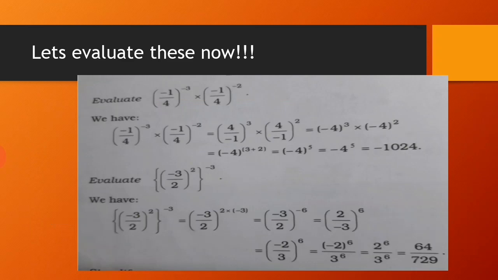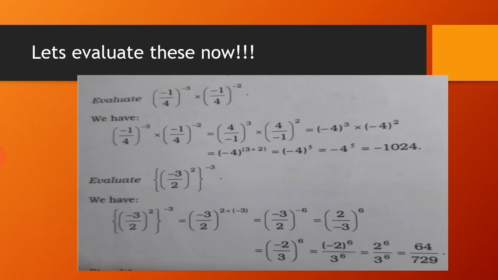Now -4 is common. -4 raised to power 3 plus 2, that is -4 raised to power 5. And then when you multiply -4 five times, the minus remains. Had it been -4 raised to power 4, it would have been plus. But -4 raised to power 5, so the minus remains and the answer becomes -1024.